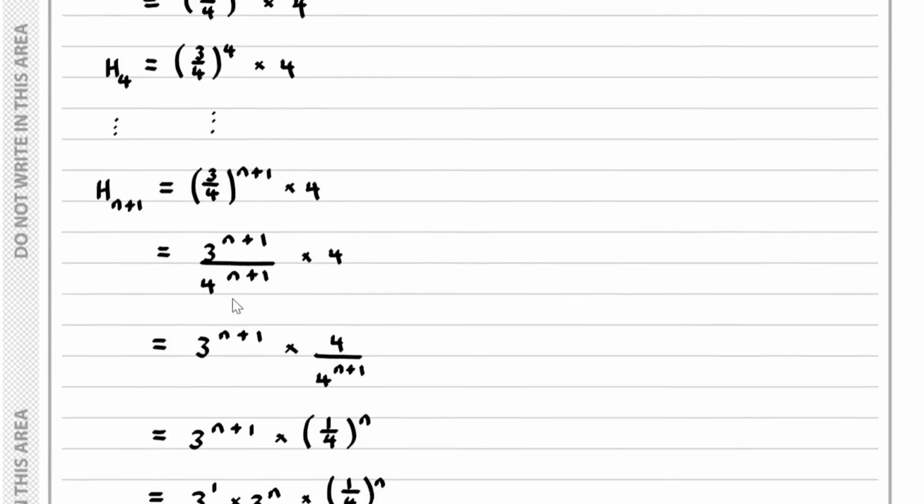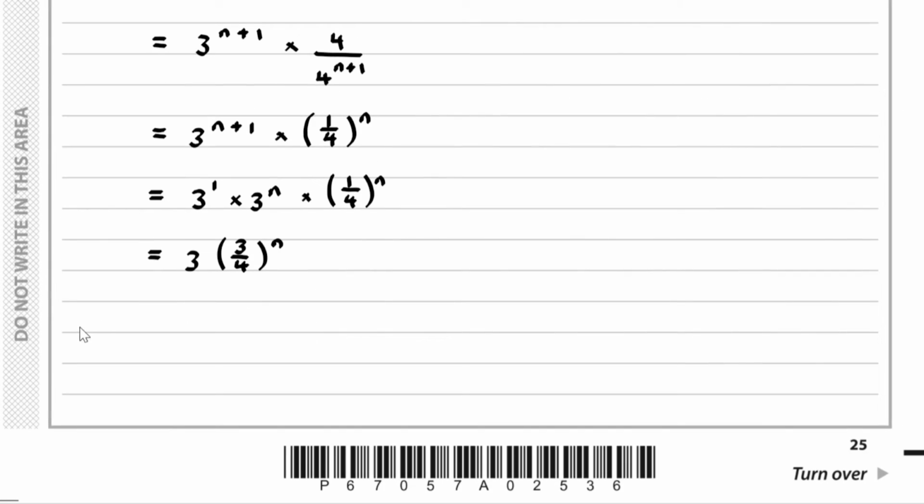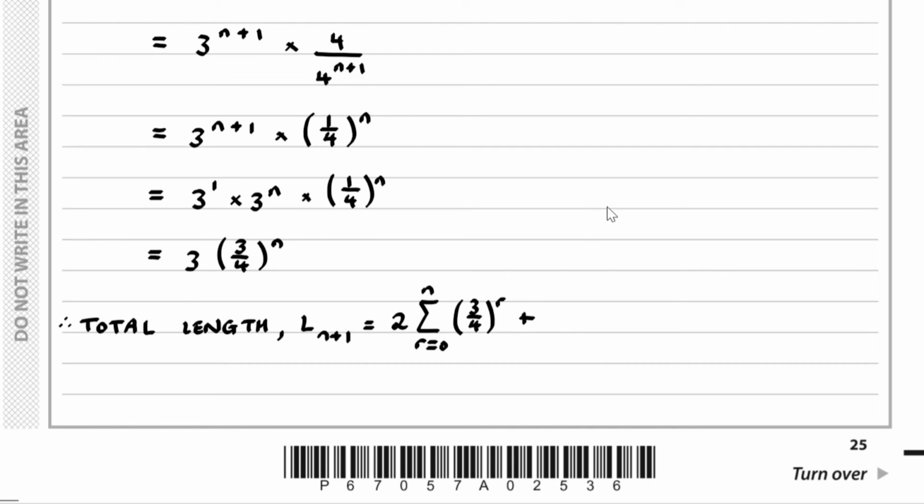So what we need to do now is find out a formula for the total length. So for the total length Ln plus 1, we have twice the sum from r equals 0 to r equals n of 3/4 to the r plus 3 multiplied by 3/4 to the n.